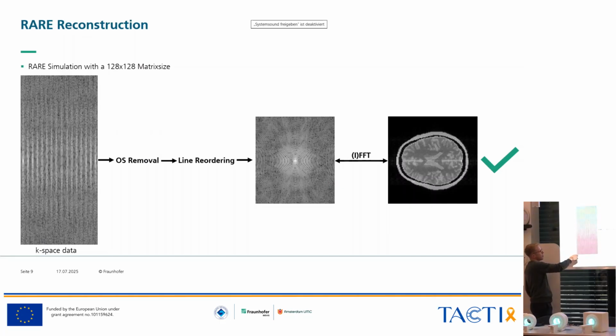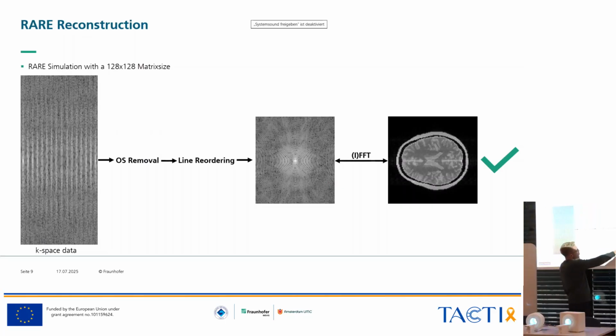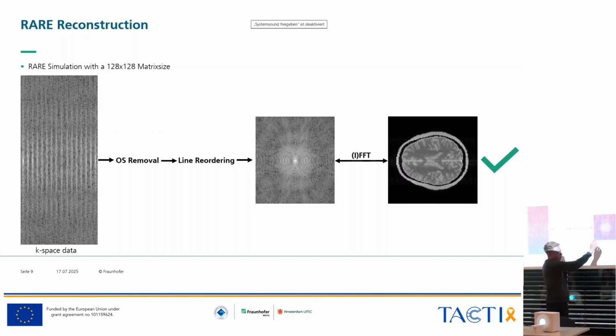If you don't have that information, you need to figure that out based on the raw data which you got. But fortunately, gammaSTAR tells us where each line belongs, so you would need to remove the oversampling, then resample everything. Of course, this belongs to the center, and some lines with lesser magnitude belong to the outer parts. And if you do that, you get back your actual k-space which you want to use.